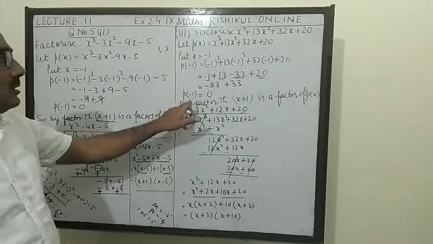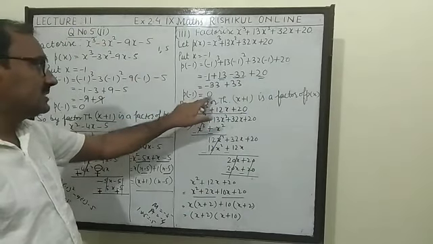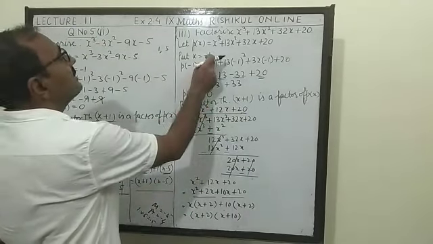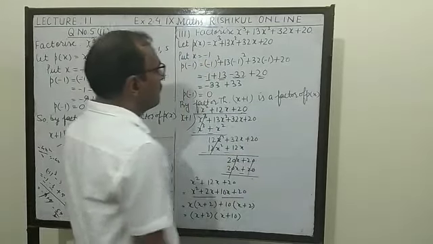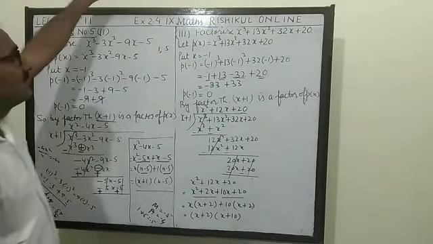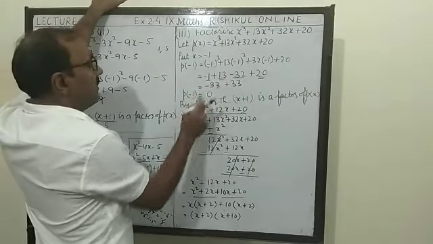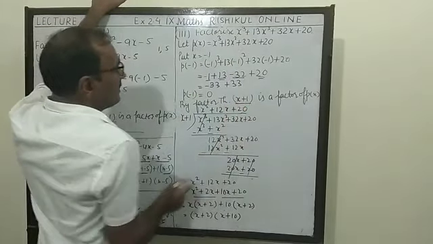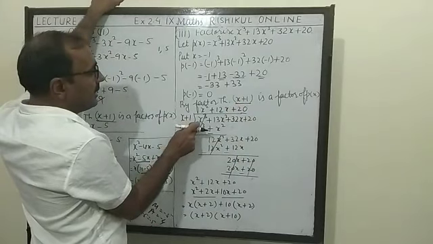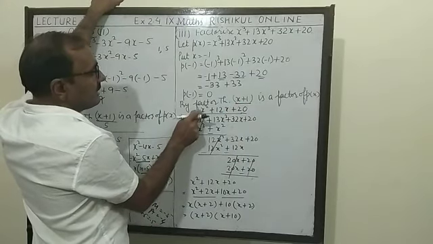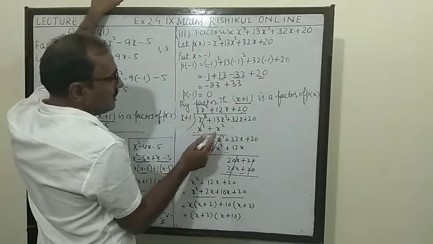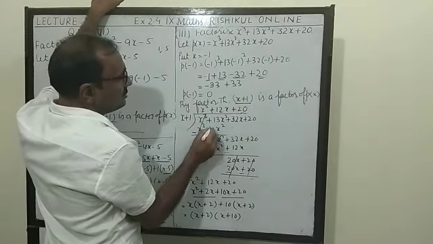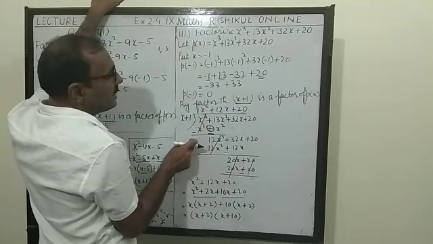If p of minus 1 equals 0, by the factor theorem x plus 1 is a factor of p of x. Then you divide by this factor: x cube divided by x gives x square, x square into x plus 1 is x cube plus x square, sign will change, and this cancels out.